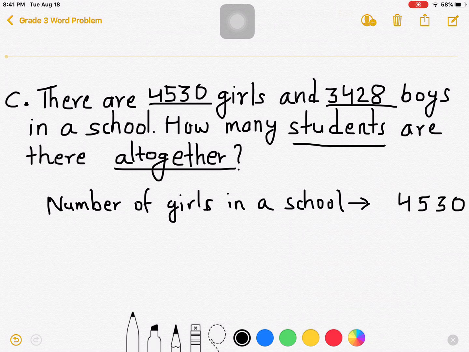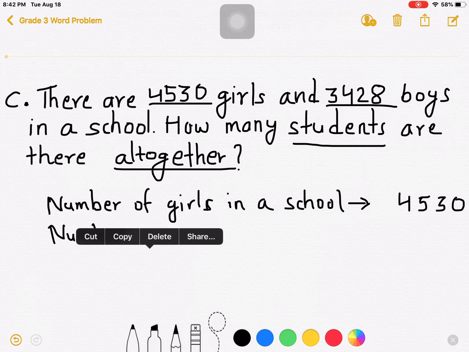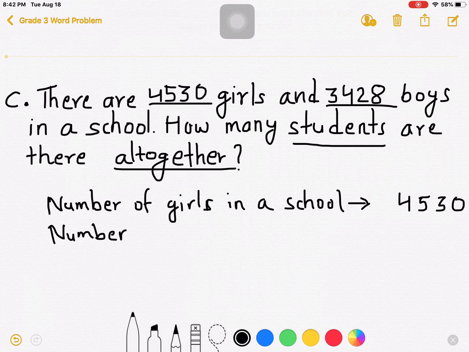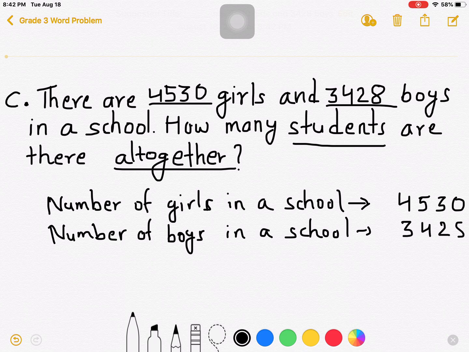Now, number of boys in a school. Okay, number of boys is 3,428.